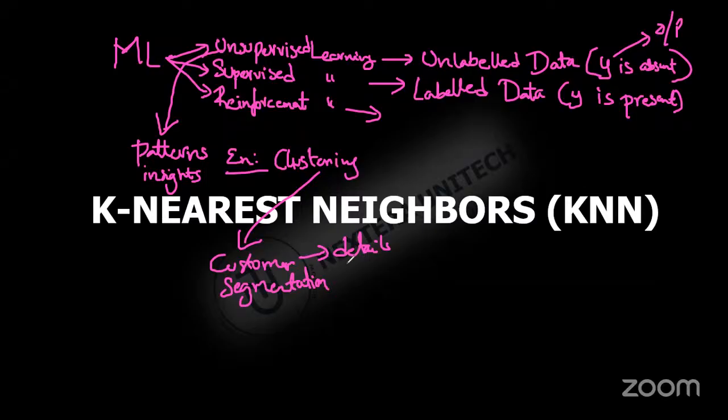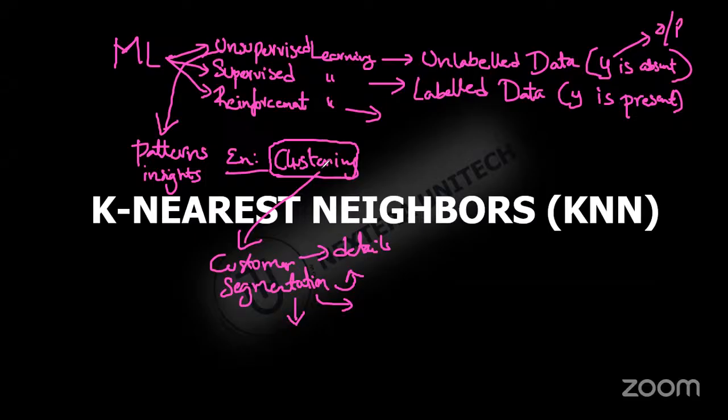You will be made into some groups. Which customers are purchasing more? Which customers are purchasing moderately? Or the customers which are purchasing very low. In this way, they can perform segments, groups. That is how the clustering algorithm helps them to perform the task.